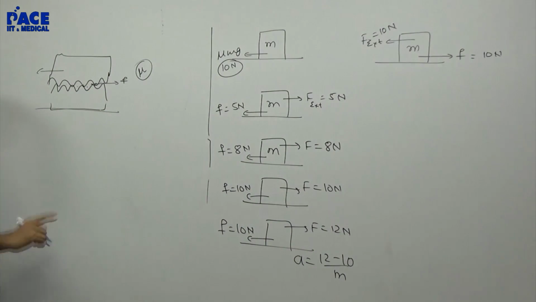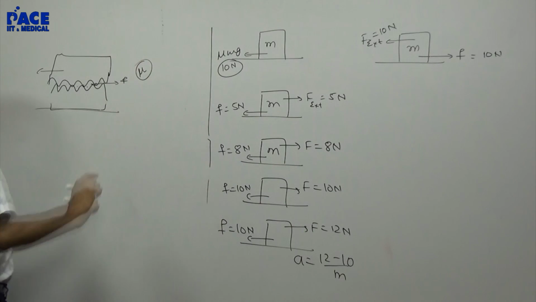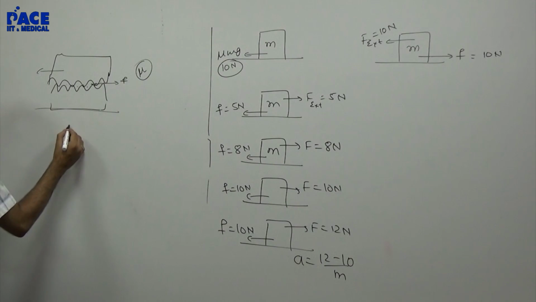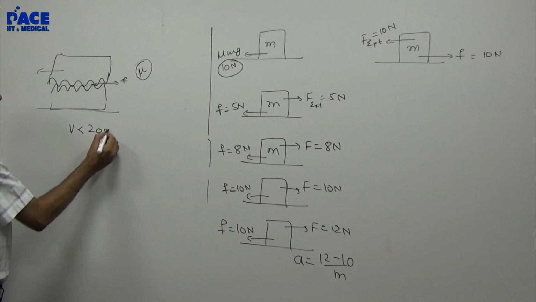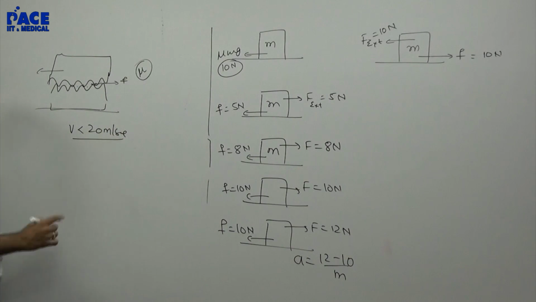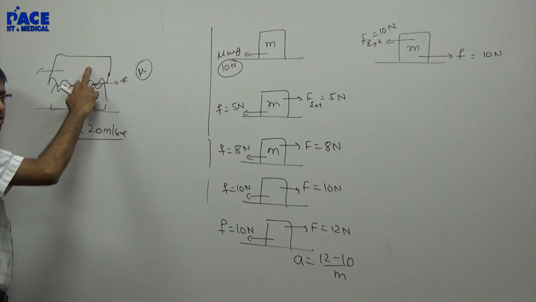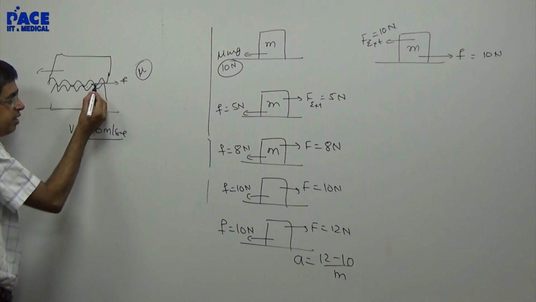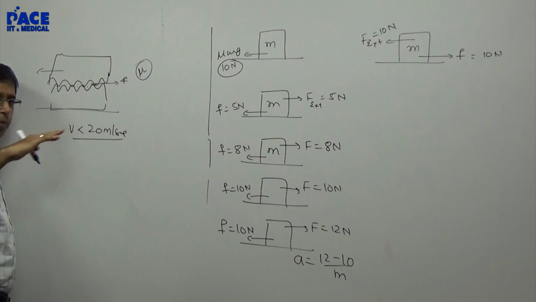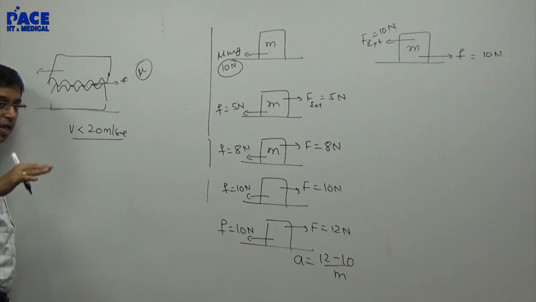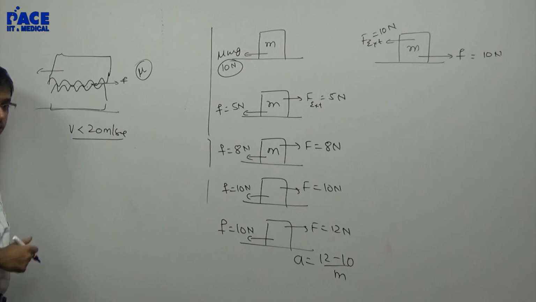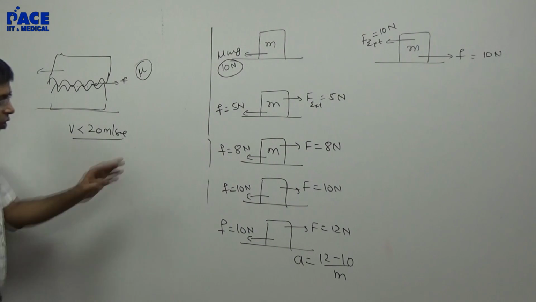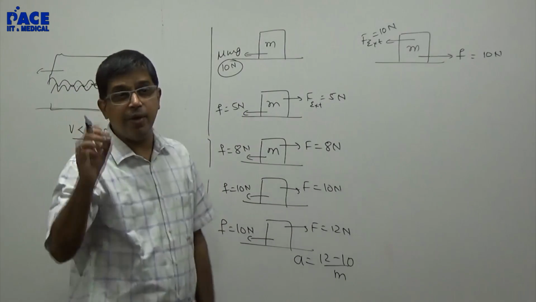Hence there is an approximation. In all the problems that you deal with, the velocity should be less than 20 meters per second, because if this body is moving at very high velocities, then these peaks will get chopped off. When the peaks get chopped off, mu will change. Hence, what we are dealing with has a limiting value.